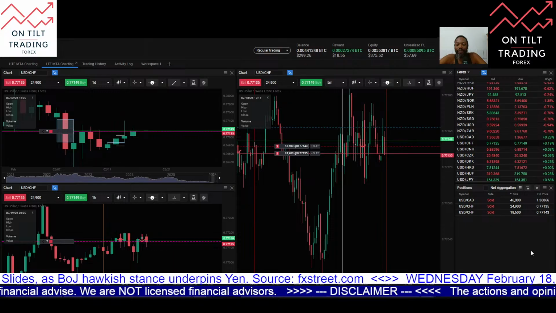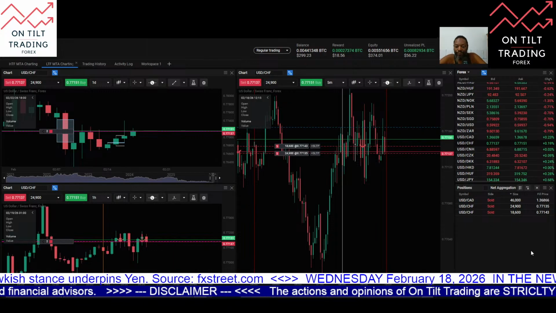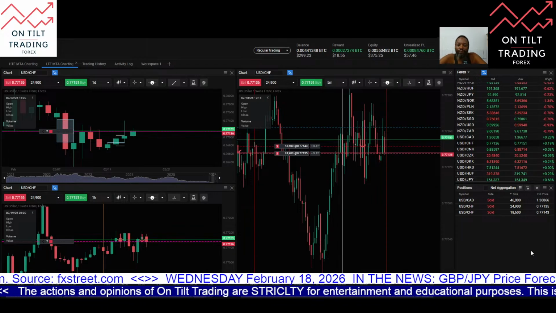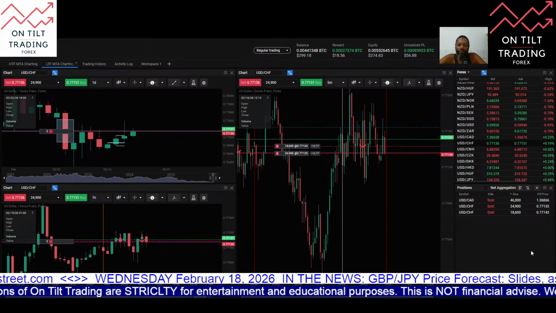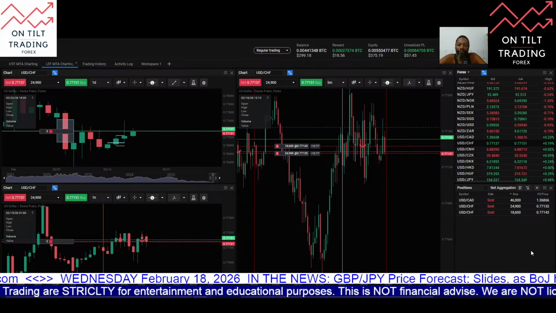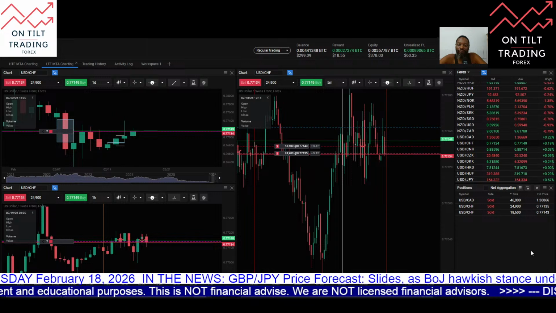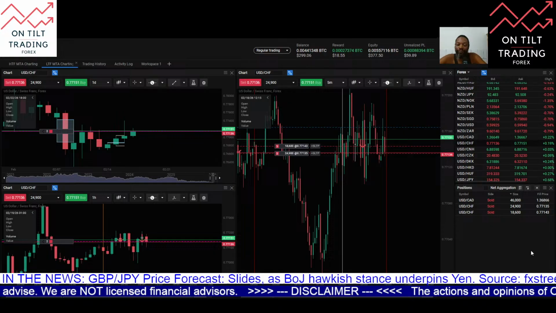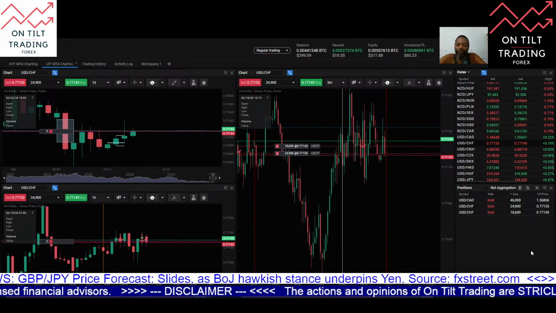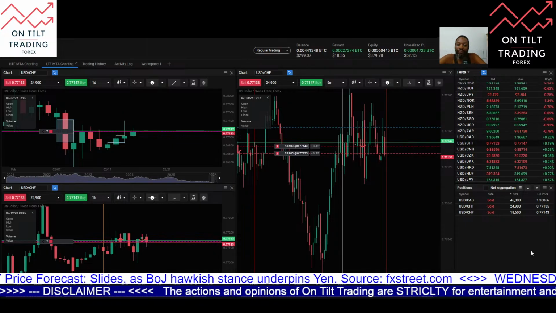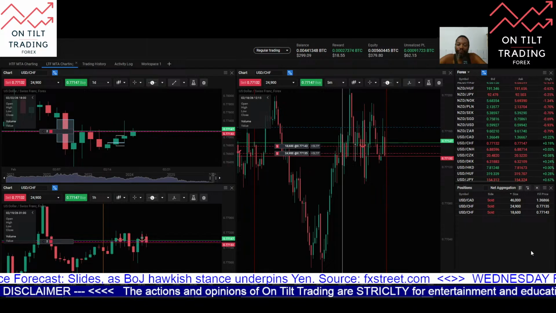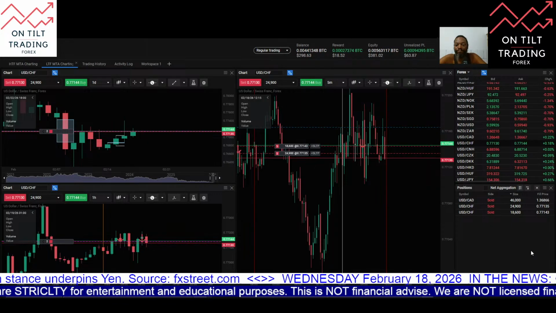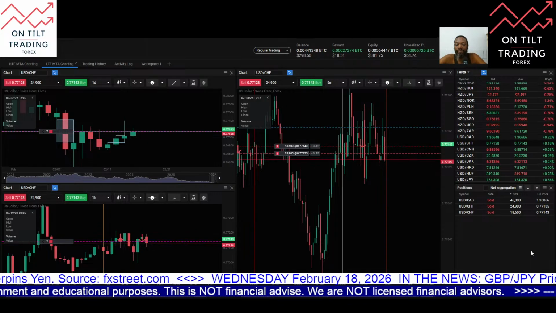And a new 5-minute low. See further sell side here. 10-minute low.